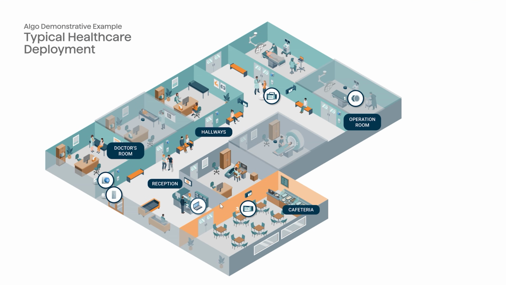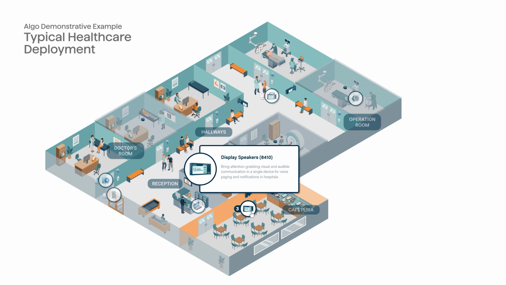Moving on to number 3, in the cafeteria, we have an IP display, specifically the 8410 IP display. A single-sided unit is a fantastic choice for such environments, given it has all 3 elements: the screen itself, the speaker, and visual alerter, as we discussed just now, built into the same unit.